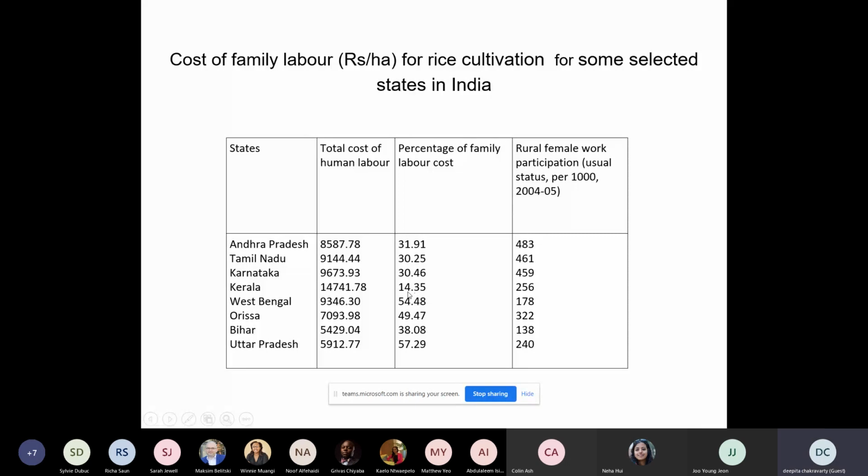Now, this is time to talk about Kerala a little more. Again, it has been documented by several researchers. One of the most important names is N. Krishnaji, who showed that over a very long period of time, historically, it is true for Kerala that the practice of wage labor is much higher than the rest of India.